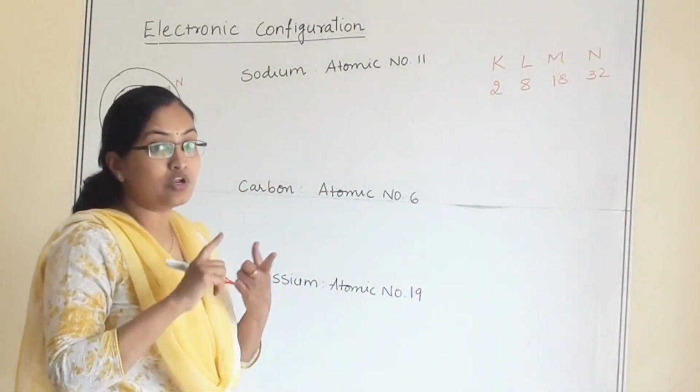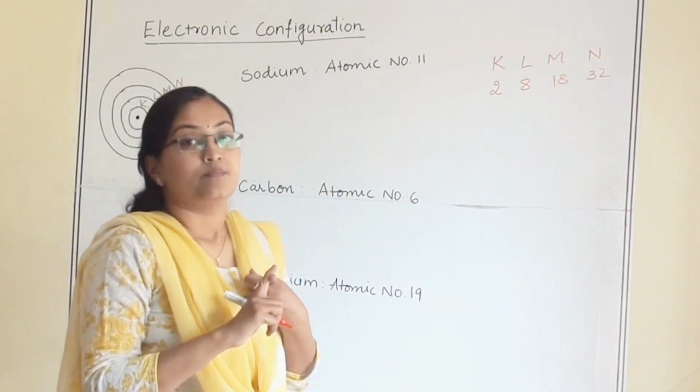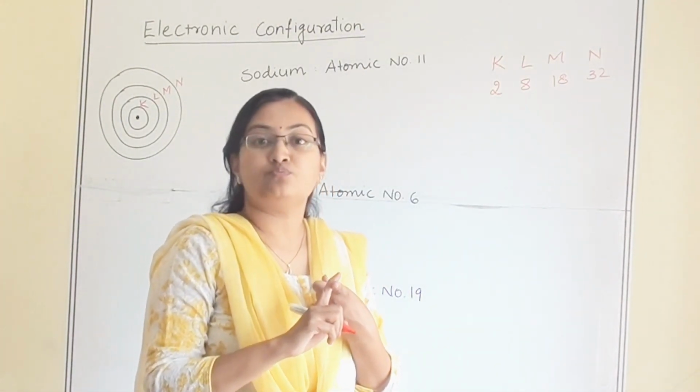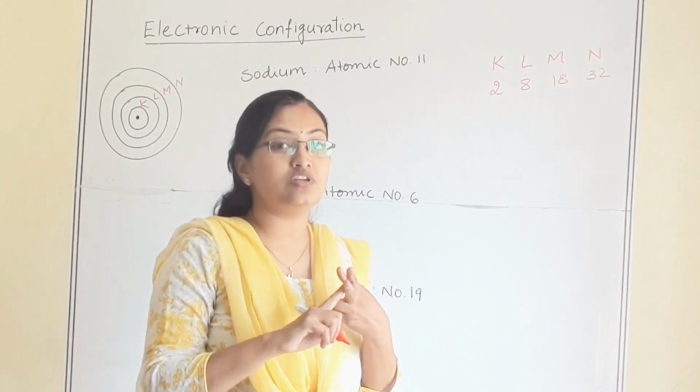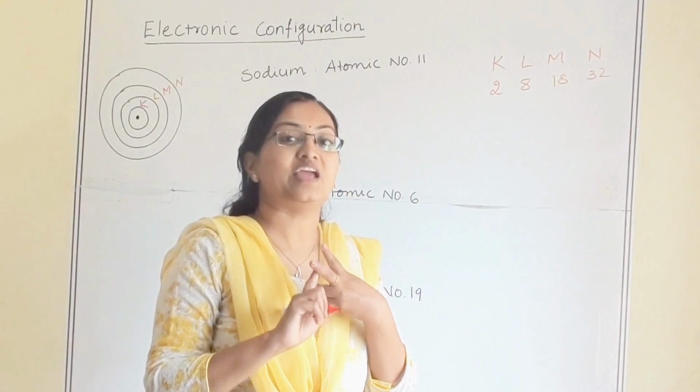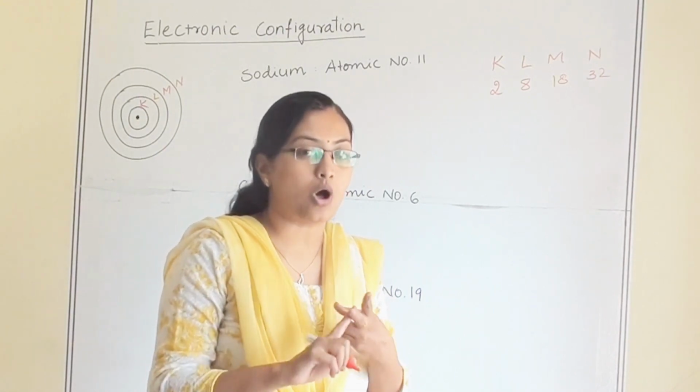And what is rule number 1? That if the maximum capacity is 18, we cannot put more than 18. And what is rule number 2? The most important rule is we cannot put more than 8 electrons in any of the orbits.